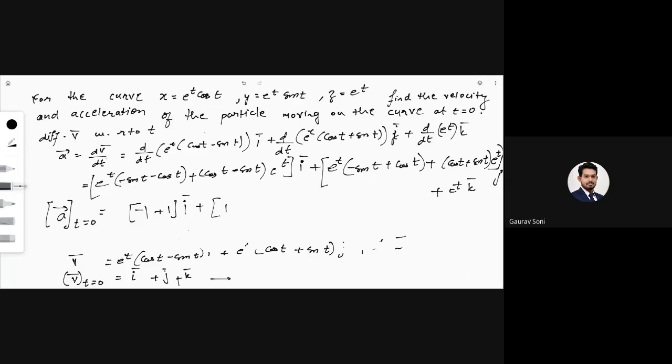In the second one, cos 0 is 1, e to the power 0 is 1. 1 plus 1, j. And the third one, k bar. So these two will get cancelled out. So acceleration at t is equal to 0 is equal to 2j plus k.